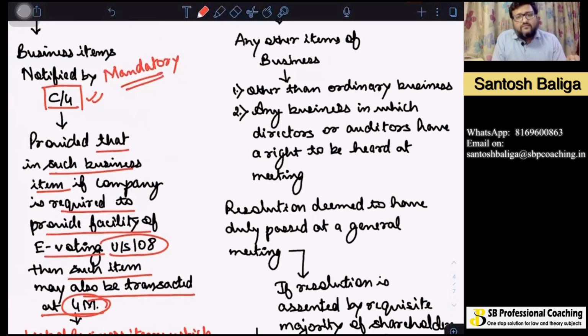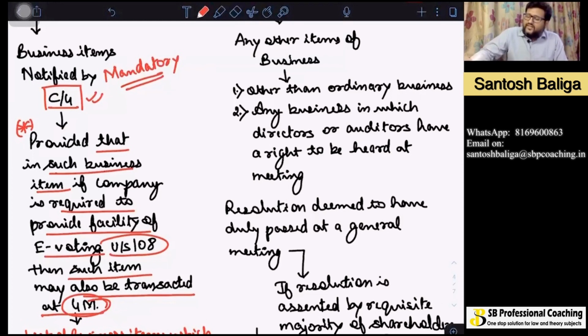At the same time, the members who have not voted through e-voting can come to the general meeting and cast their vote. So in case section 108 is applicable or has been taken by the company as a route of voting, then postal ballot is not required. This is something that you have to remember. It is an important point from a case study point of view.